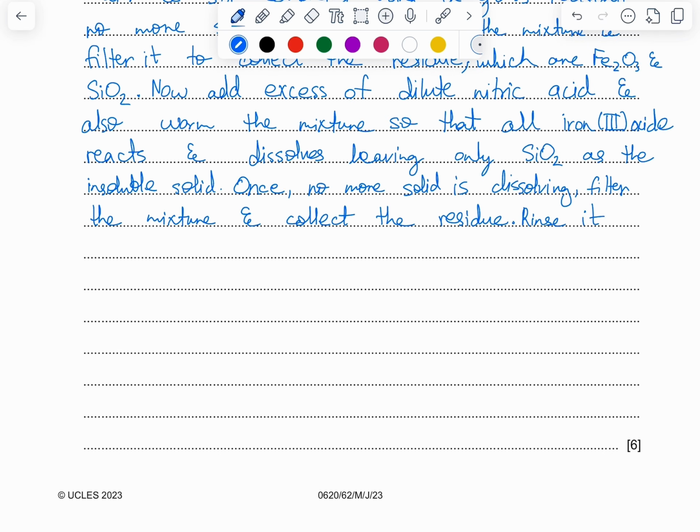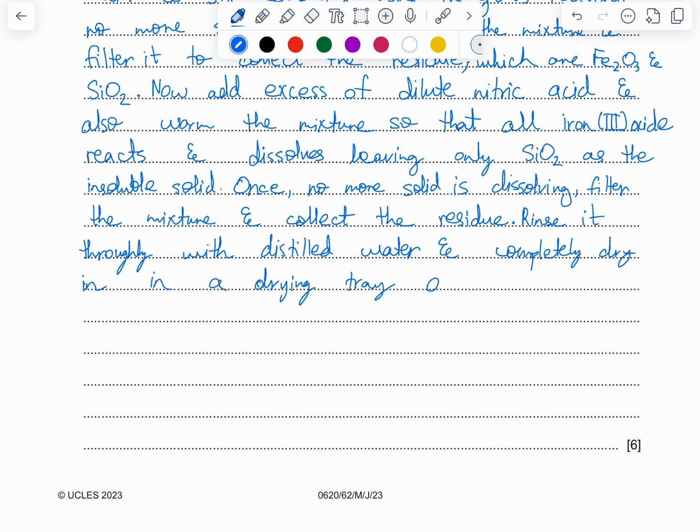Rinse it thoroughly with distilled water and completely dry it in a drying tray or oven, etc. Full stop.